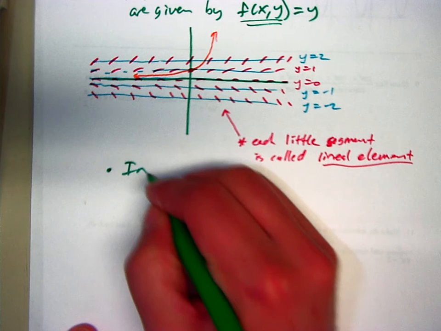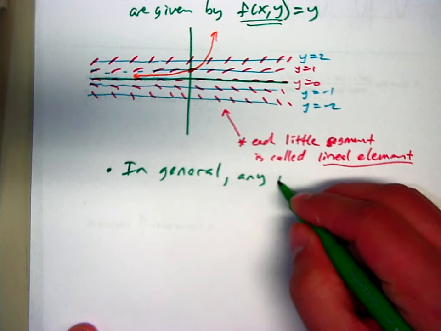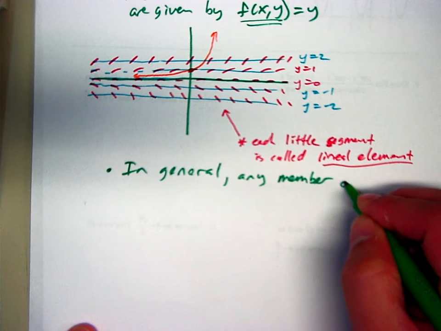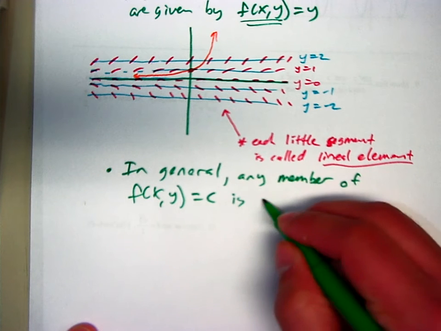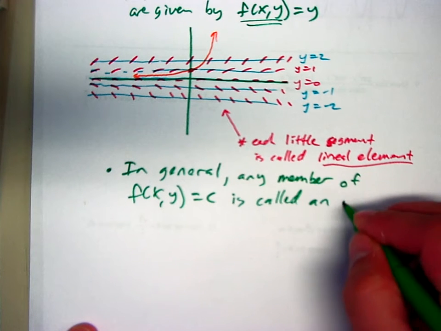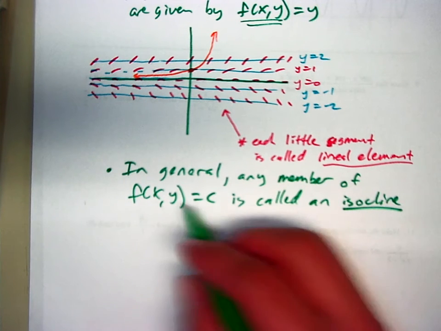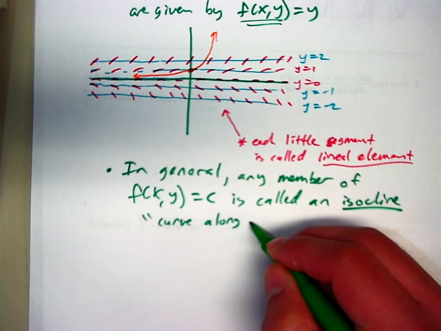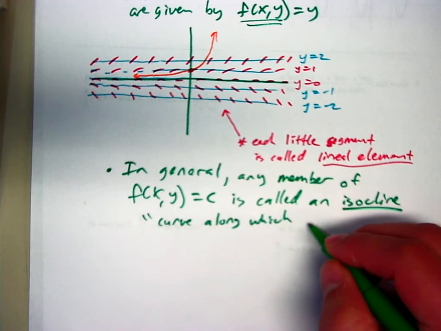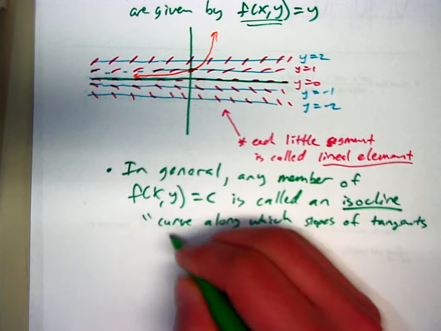And now, in general, any member of f of x, y equals c is called an isocline, and what that means is that it's a curve along which slopes of tangents are equal.